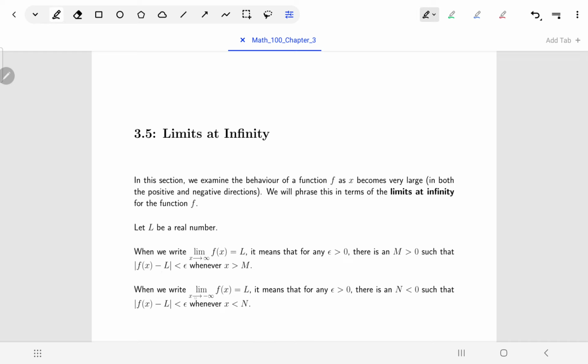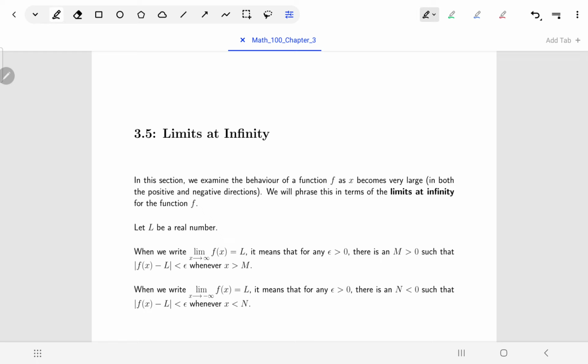Or for the reverse, if we're talking about a limit as we're going to negative infinity, provided that x is small enough, our function will be close enough to our limit for however close we'd like it to be.